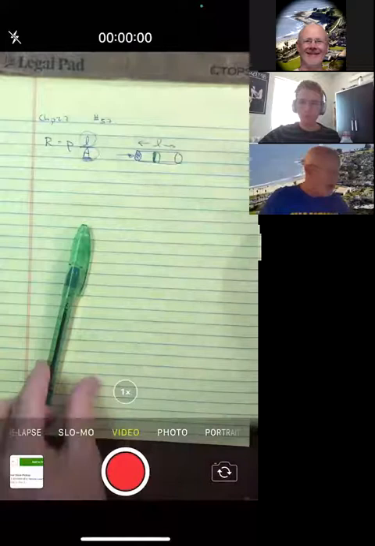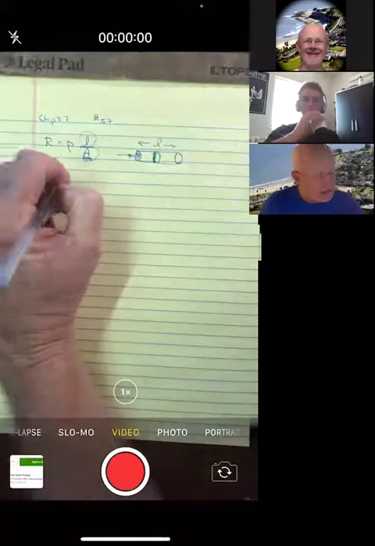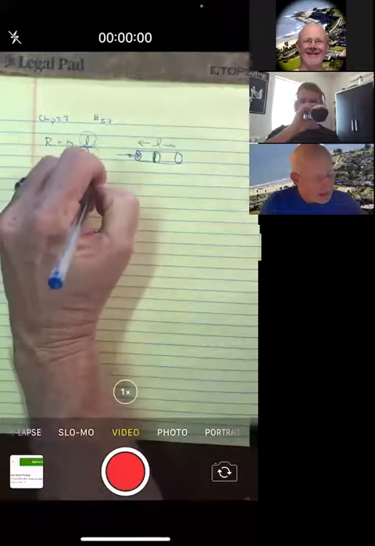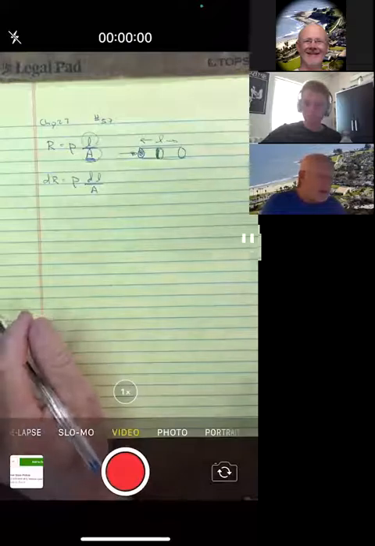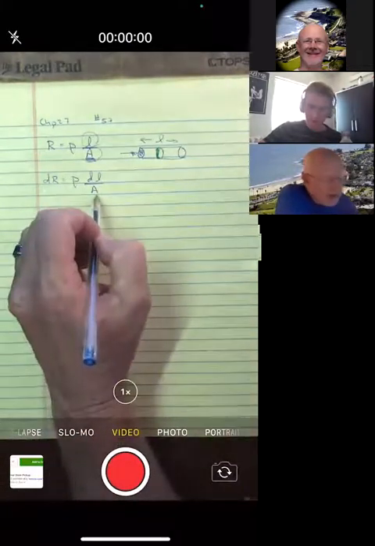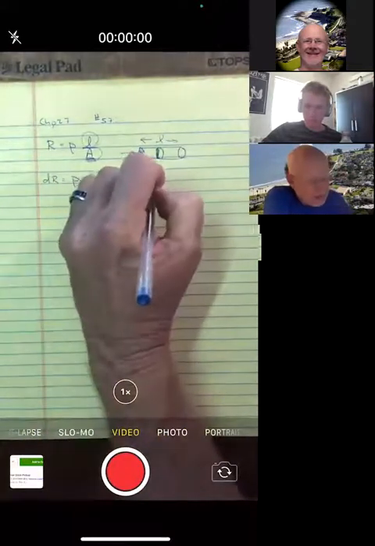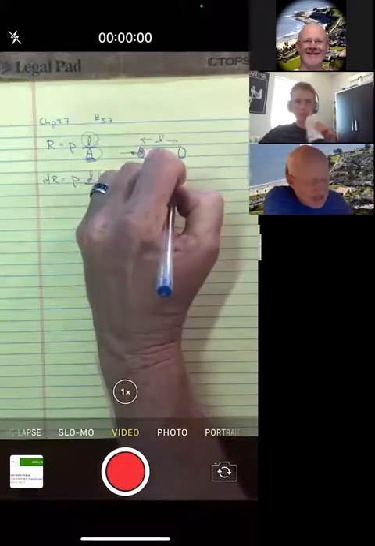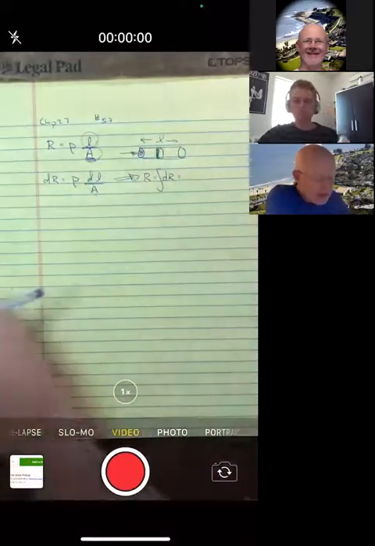But what I'm getting at is if I take the differential here, dR, a little bit of resistance, would then be associated with a little bit of length. Now, the reason that's important is because in harder problems, the length varies. You could see in a problem like this, that if you just wanted to find the total resistance, you would just add up all the little nickels that made up the stack of coins.